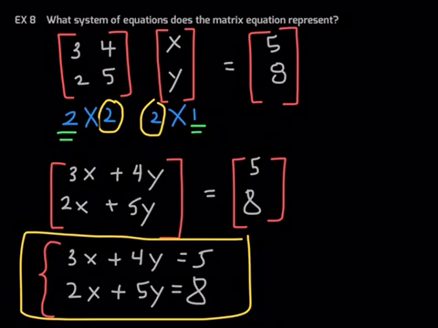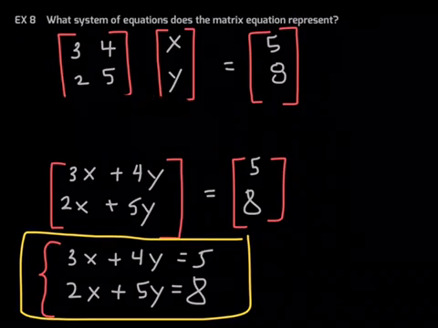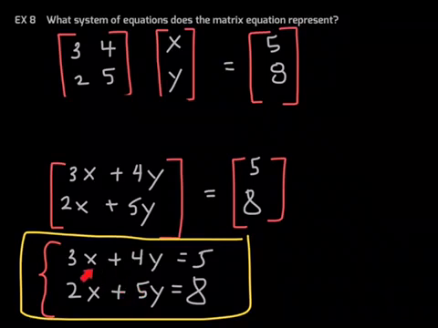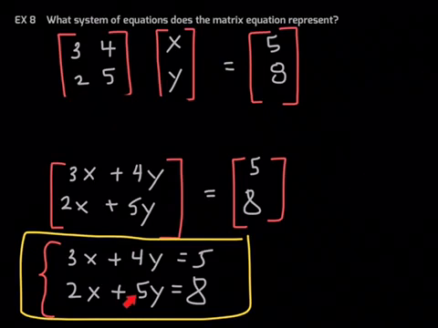I want you to notice something here. I'm going to create some space here. I'm going to erase some things that I wrote. Look at this system. What are these numbers? 3, 4, 2, and 5. Aren't those your variable coefficients? All of these are your variable coefficients.